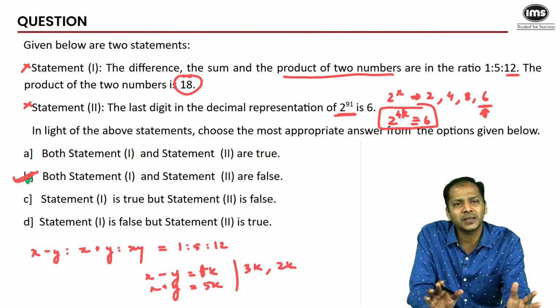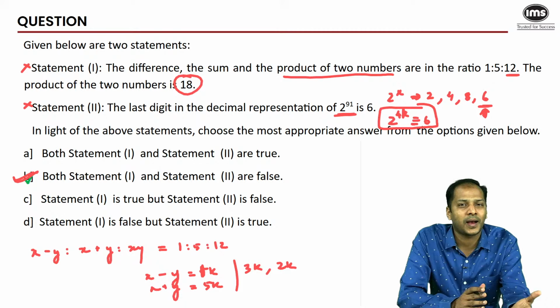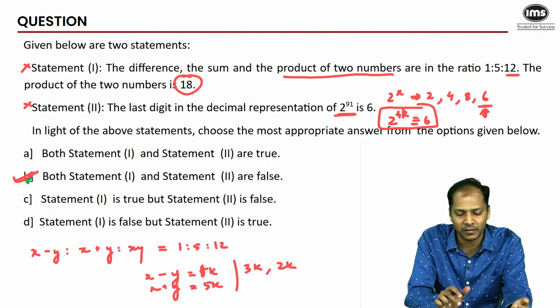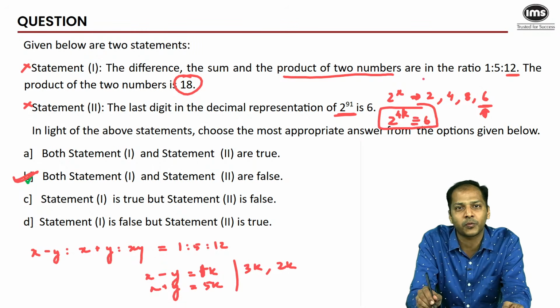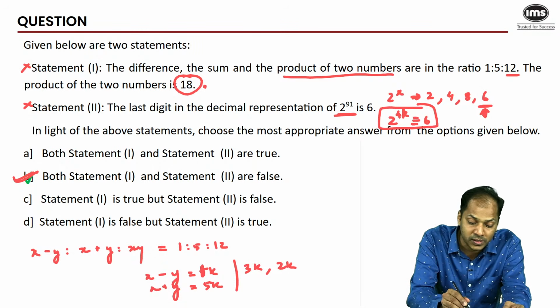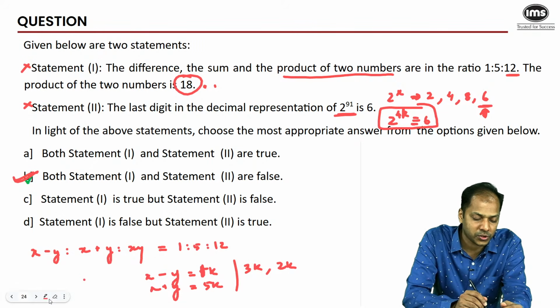But still, just to be doubly sure, I spent the time to verify whether I would get anything. Although because there were all ratios involved, getting to a number is very difficult. So the answer would be option B.